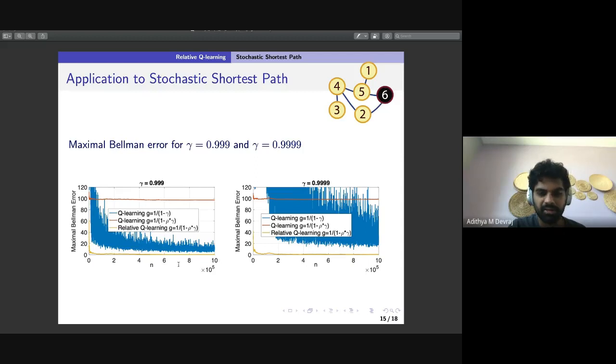The yellow curve is the relative Q-learning algorithm with its optimal step size. This is for discount factor 0.999, and discount factor 0.9999 here. You see that the variance increases significantly for larger discount factors, but the relative Q-learning algorithm seems unaffected by the large discounting.